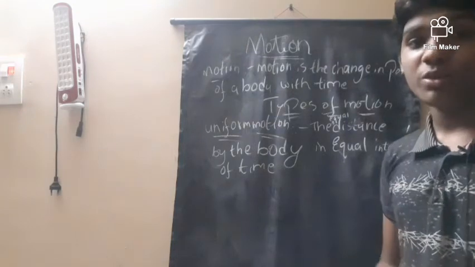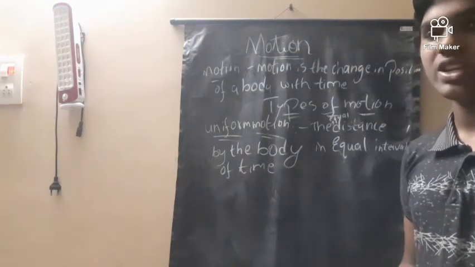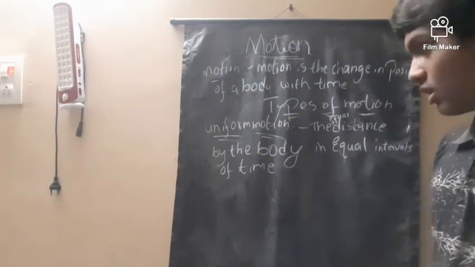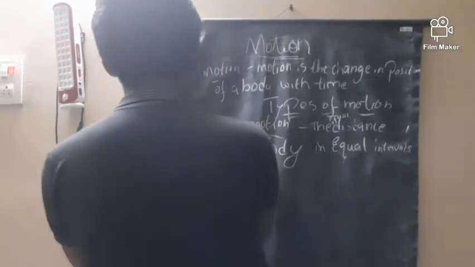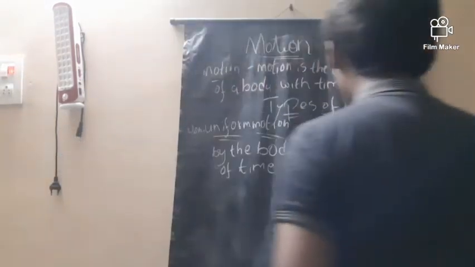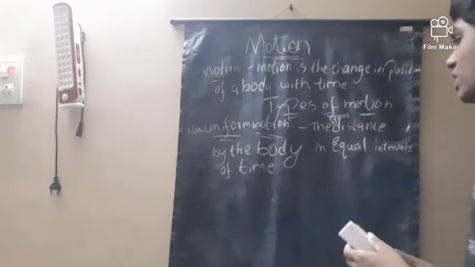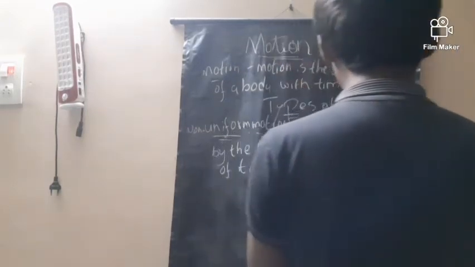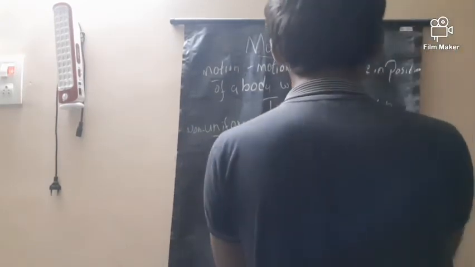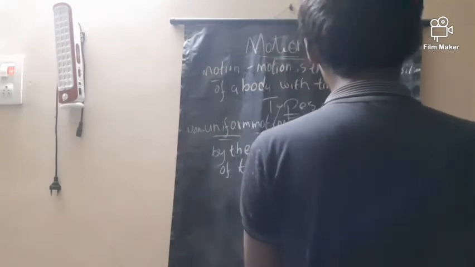And I think you must know about non-uniform motion also, after seeing uniform motion. Non-uniform is nothing but the same but somewhat different. Here the distances will be unequal, not equal.